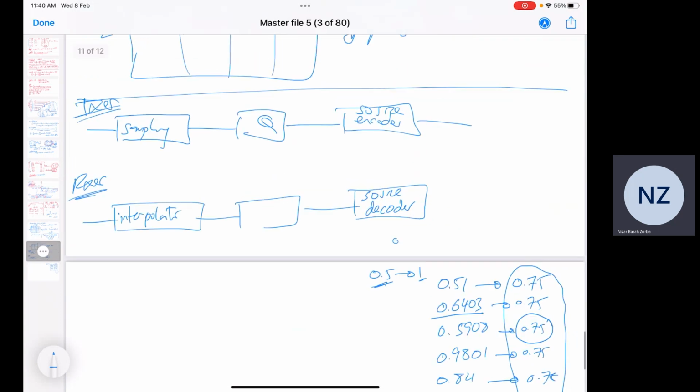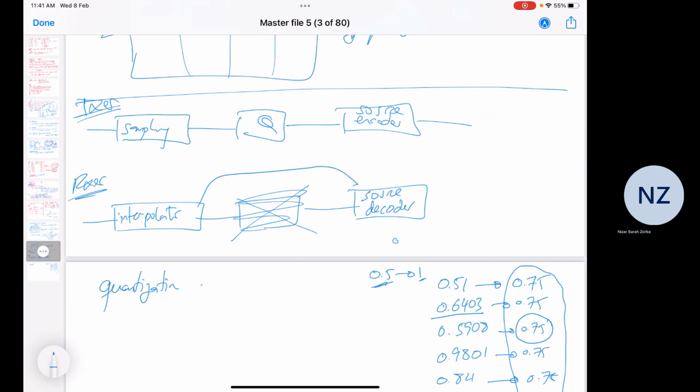This is why there is nothing called a dequantizer. The quantizer has no reversal, and this is why there will always be an error. So the quantization is not reversible. You will not know what the original value was.